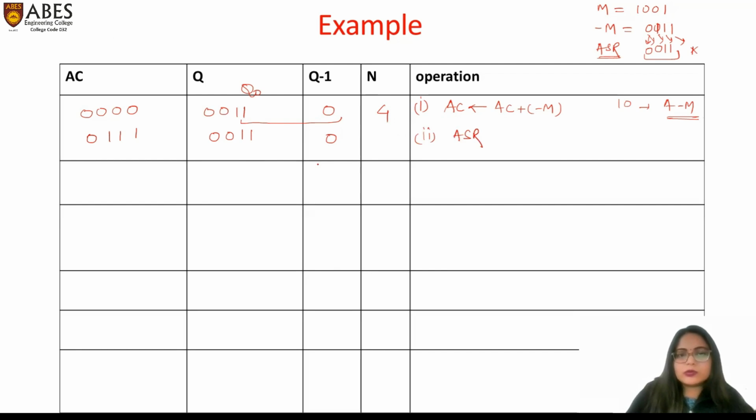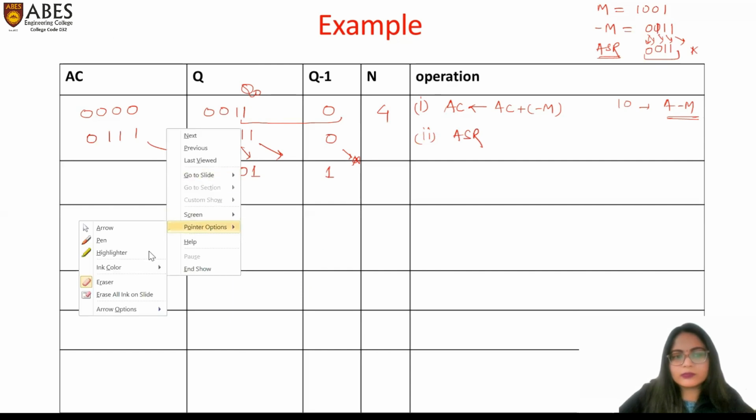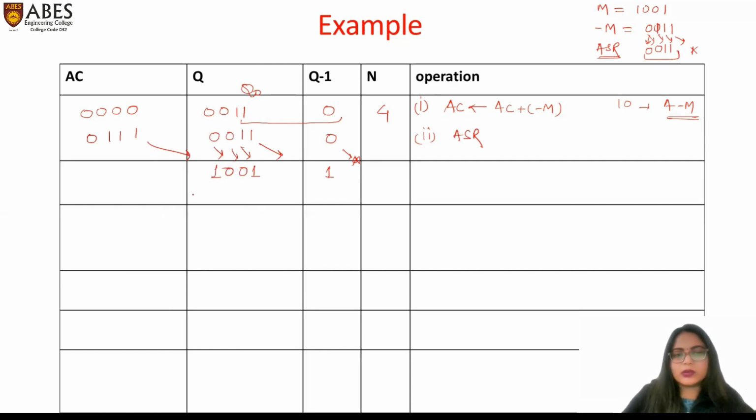So after this we need to perform ASR. So this 0 will be discarded. This 1 will be Q minus 1 now. This one will be Q naught now. This will be 0. This will be 0 and this 1 will be shifted to Q. Now this one will become the LSB of accumulator.